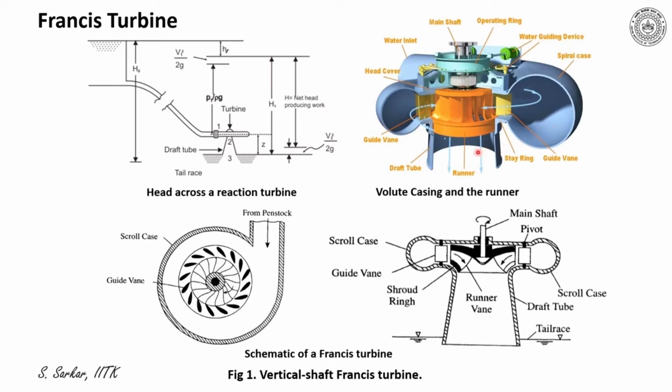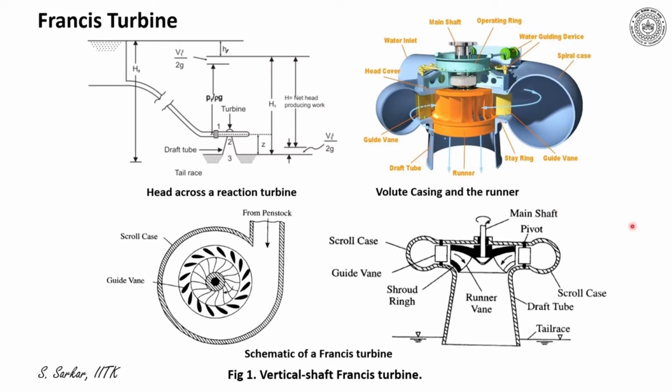And here the fluid enters the impeller via guide vanes. The position of the guide vanes can be altered also through a servo mechanism. Thus the guide vanes control and direct the flow at a proper angle at the entry to the runner, and then after flowing through the runner, the water is pushed to the reservoir by a draft tube.